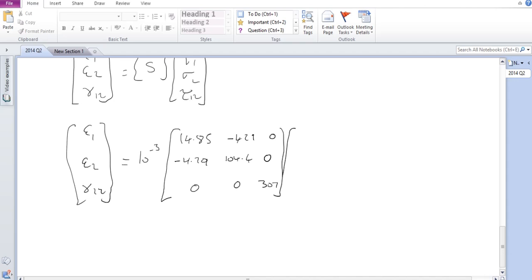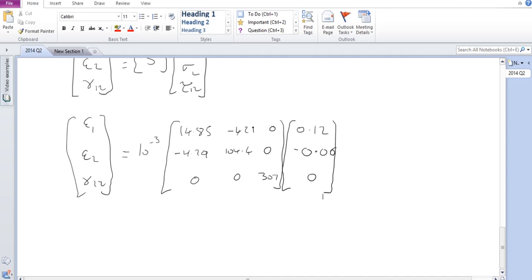That's multiplied by our stresses. In this case we need to put all the stresses in gigapascals because our compliance matrix is in gigapascals to the minus 1. So 120 megapascals is 0.12 gigapascals. The stress across is compressive, so it's minus, and it's 60 megapascals, so minus 0.06 gigapascals, and the shear stress is 0. So we can expand that out, and let's have a little bit more room.